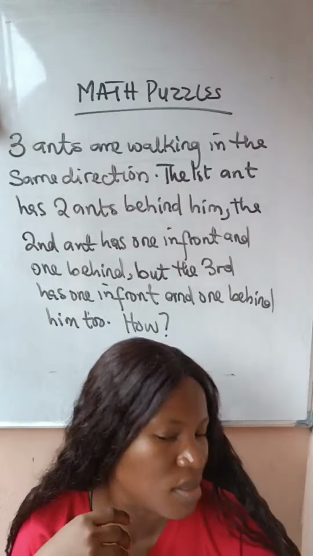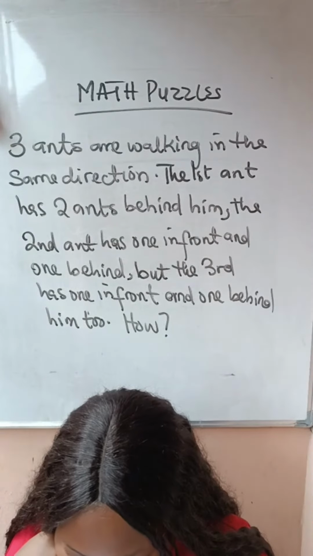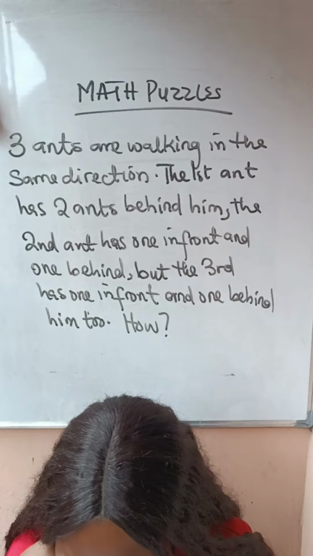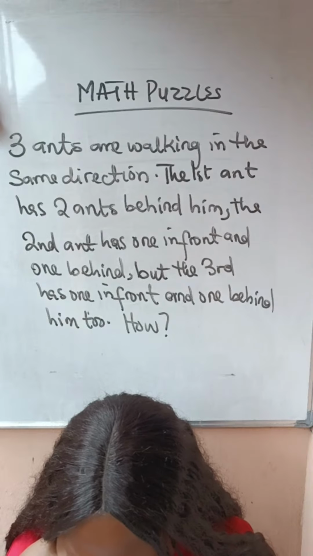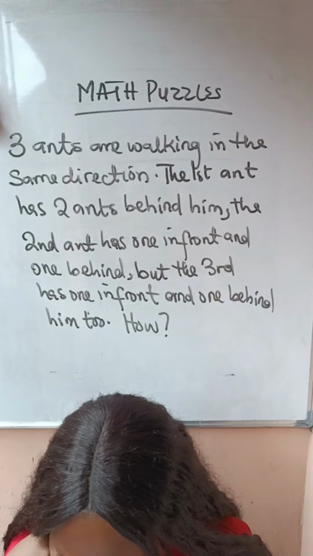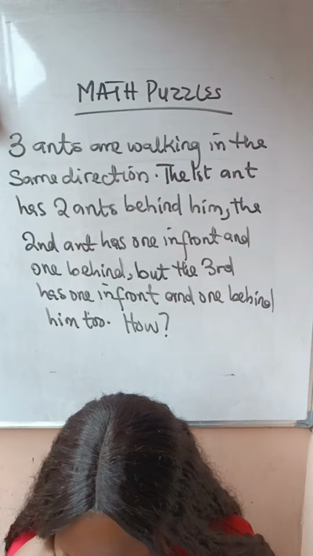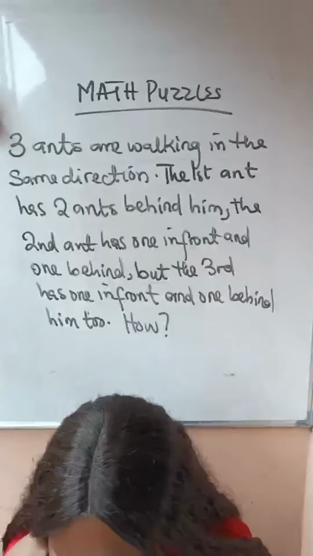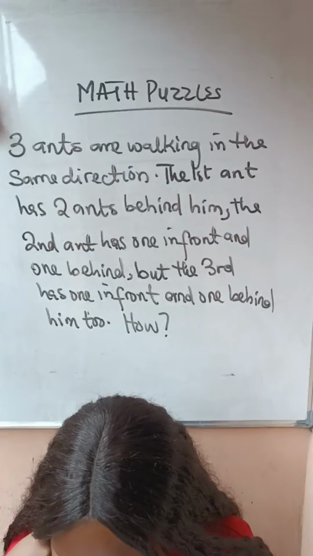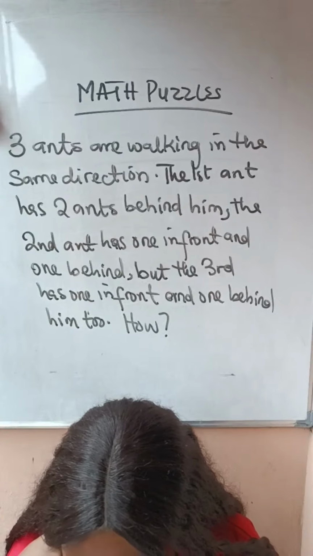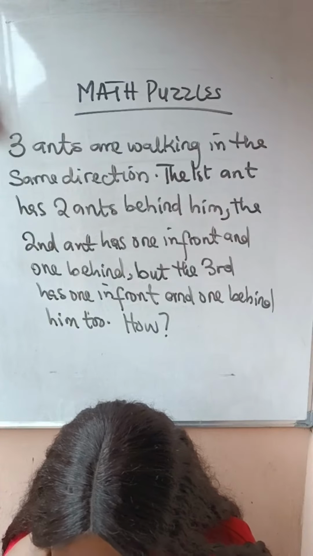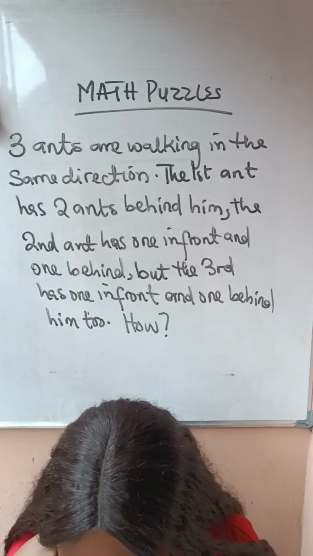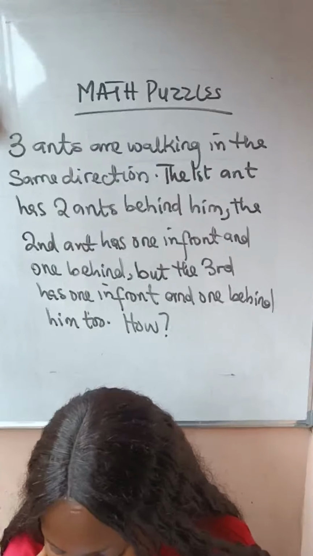The first ant has two ants behind him. The second ant has one in front and one behind. The third has one in front and one behind. James is saying circle walk. Ash is saying I don't know.